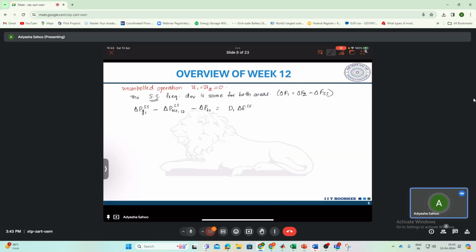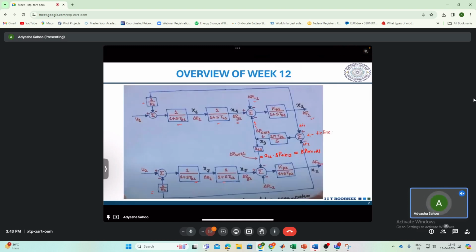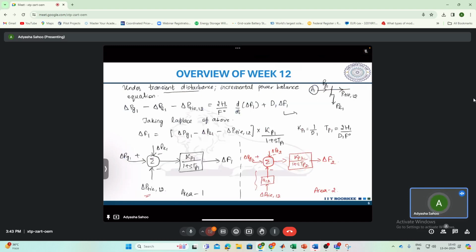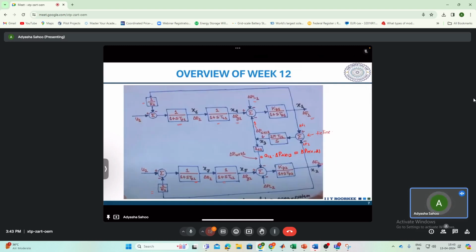We are considering steady state, so d by dt of delta f will be 0. Hence from this equation, this 2H1 by f d by dt of delta f part will go out, and in steady state only D1 will be there.